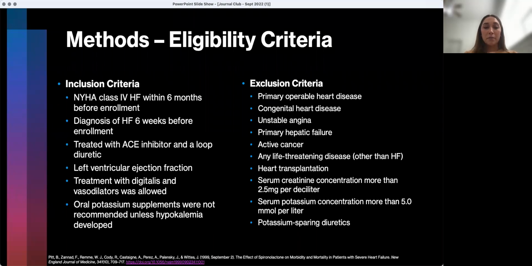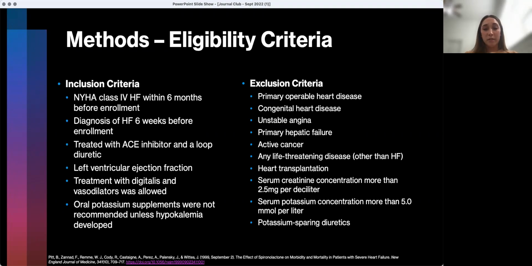And then as for exclusion criteria, they had primary operable heart disease, congenital heart disease, as well as unstable angina. So if someone had unstable angina, they were not included, as well as primary hepatic failure. They had active cancer, or any life-threatening disease other than, of course, heart failure.